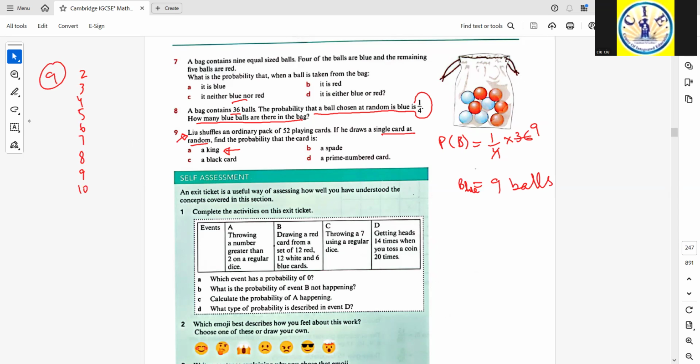Let me not write this as a solution of this. Actually, I'm just going to explain it at the moment. 4 cards are ace cards in that deck of 52 playing cards.